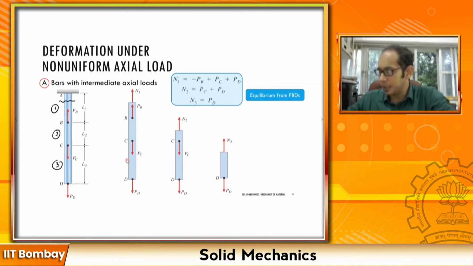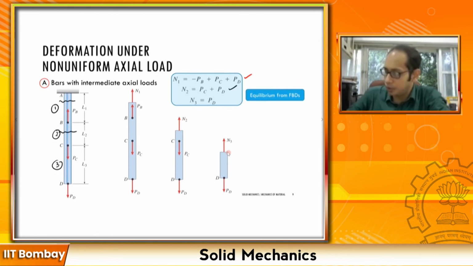As you can tell, PC and PD are acting in the vertically opposite direction, and PB is acting vertically up over here, so that takes care of this equation. Then for N2, if I draw another section over here, I am going to have N2 as PC plus PD, as you can tell from this one.